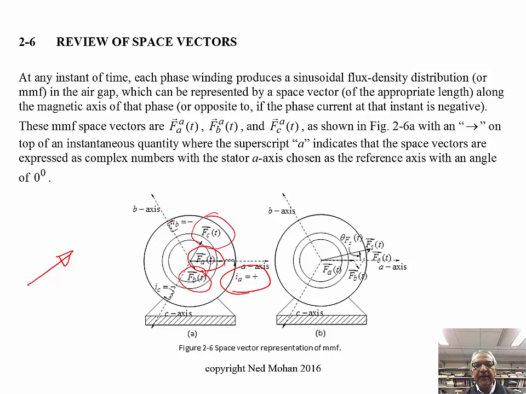And then to find out the total MMF distribution in the air gap, rather than having to add them point by point as a function of the position, we just need to add these three vectors vectorially, and we get this F sub S as the MMF space vector, which has an amplitude and a phase angle theta sub Fs as shown here.